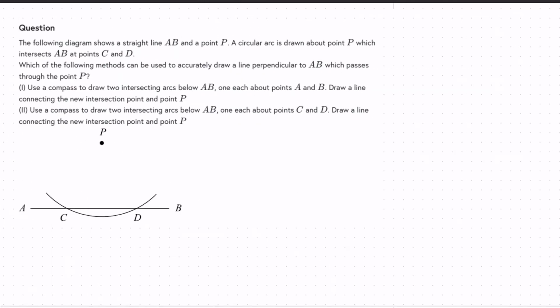In this next question, we're given a couple of methods for attempting to answer the question. And what the question wants is a line drawn perpendicular to AB. So AB down here. And perpendicular means at a right angle. Right, so I'm just going to write that down.